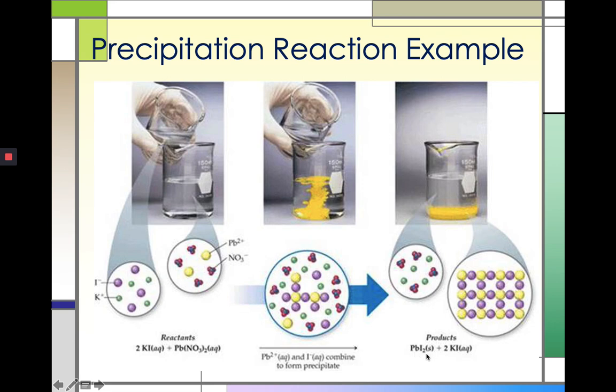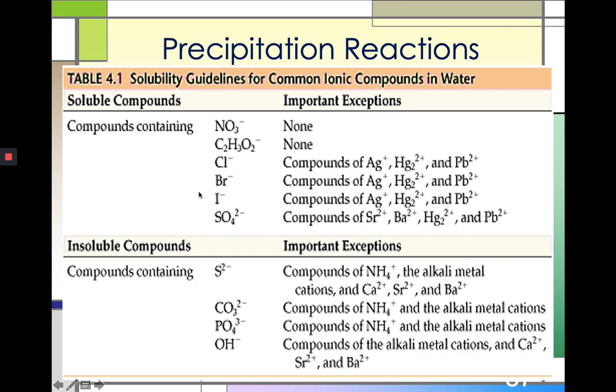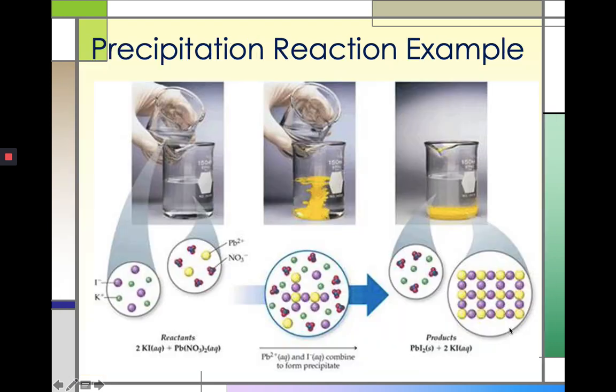Remember in the solubility rules, if you have the iodide ion, compounds are usually soluble. However, a compound between lead and the iodide ion, PbI2, is an exception. Therefore, it will not be soluble in water, and it is a precipitate as presented here. Meanwhile, the other product, potassium nitrate, is soluble in water, so it doesn't form solids at all.